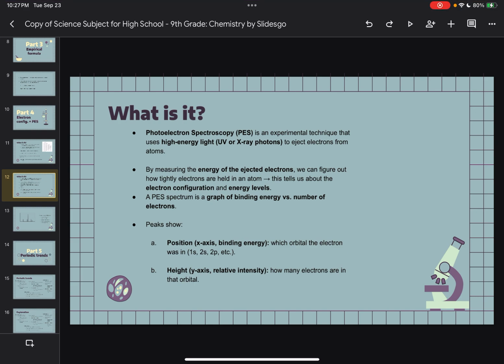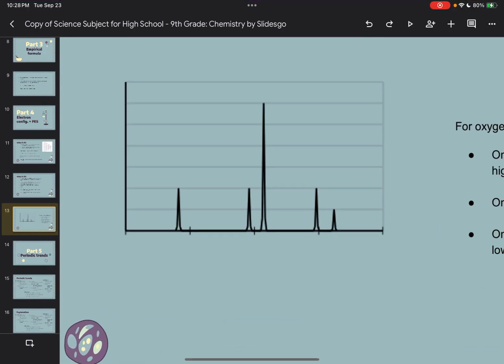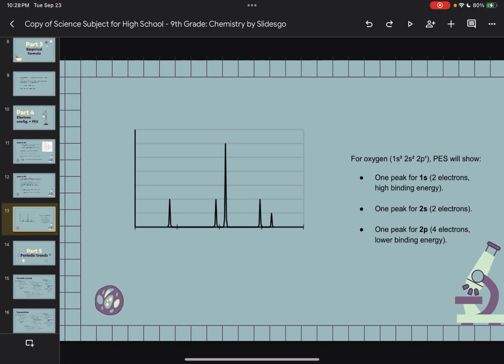So photoelectron spectroscopy is an experimental technique that just shows the measuring of ejected electrons and their binding energy. So for oxygen, each of these little nudges or spikes represents the orbitals, like S or SPDF. So one peak is for 2 electrons.